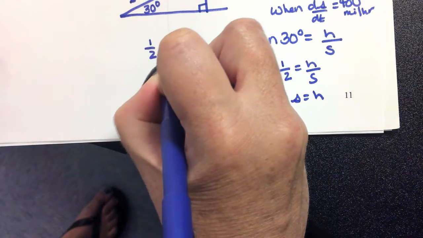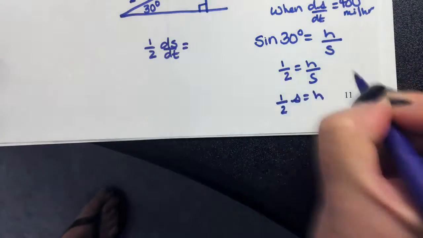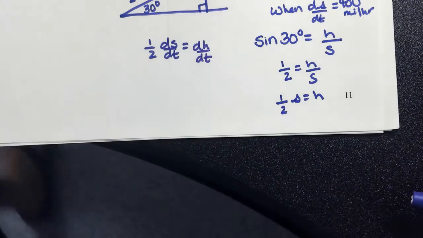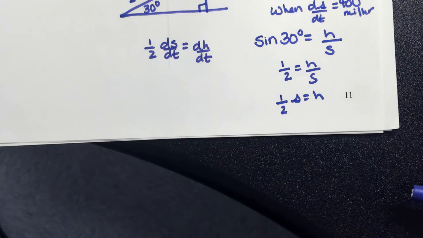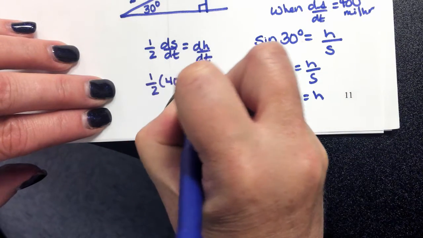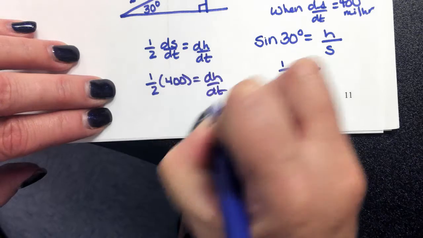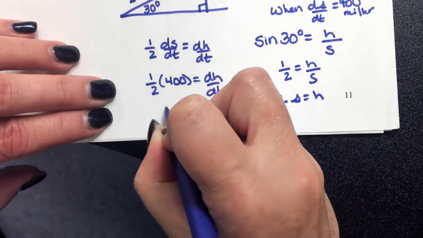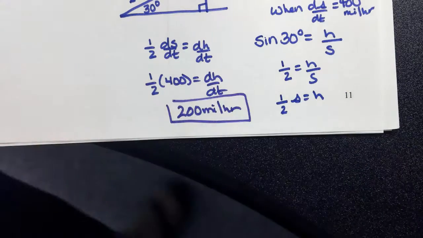The derivative of s with respect to time is going to be your ds/dt. The derivative of h with respect to time is going to be my dh/dt. What are they telling you about ds/dt? ds/dt is what? 400. So 1/2 times 400 is equal to dh/dt. So then I have 200 miles per hour is the rate of change of your altitude.